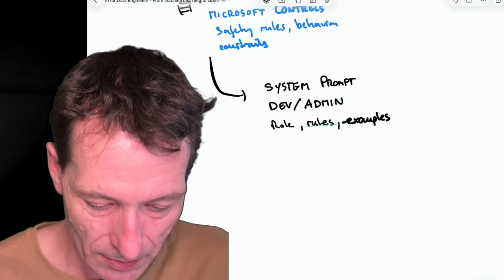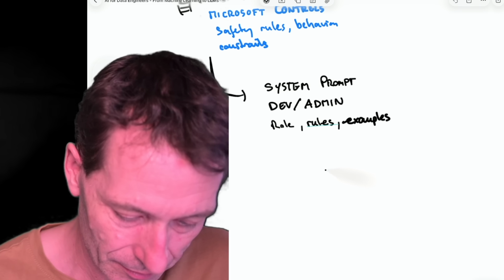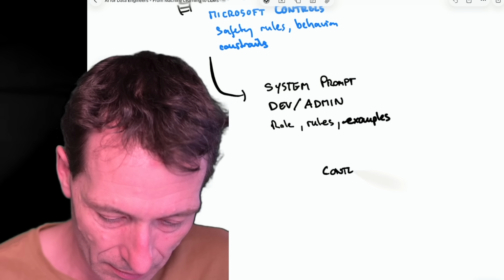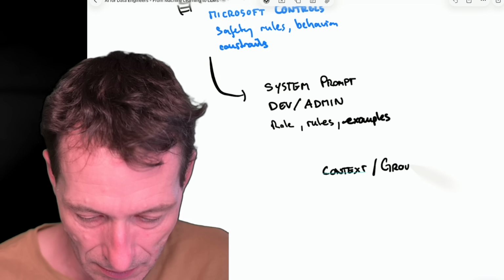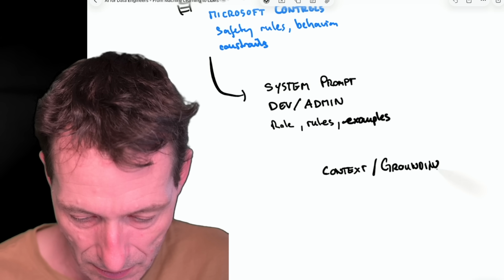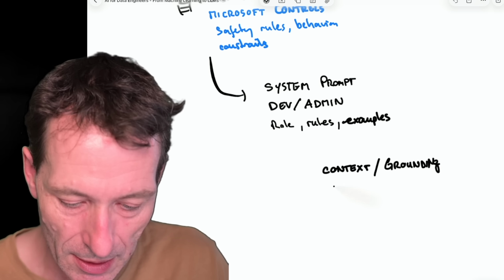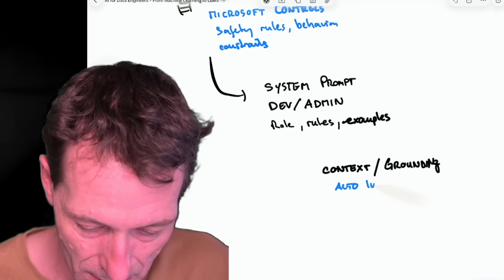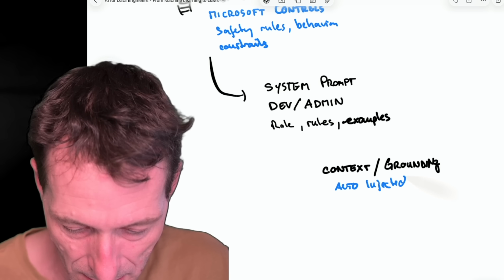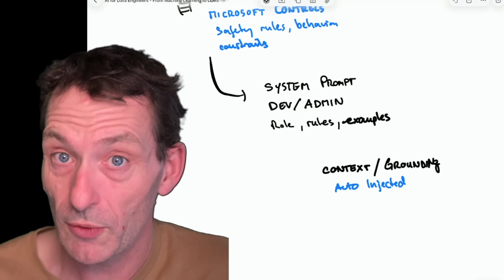The third prompt is context or grounding. Context and grounding is typically, by the way, auto-injected. So this is done by the machine or by the workflow by definition.